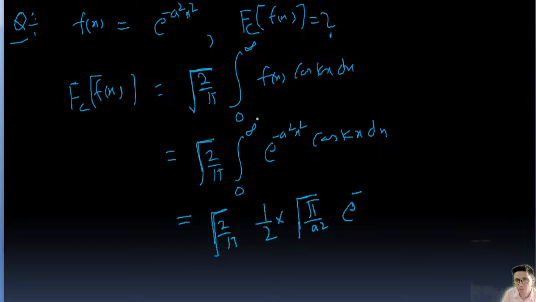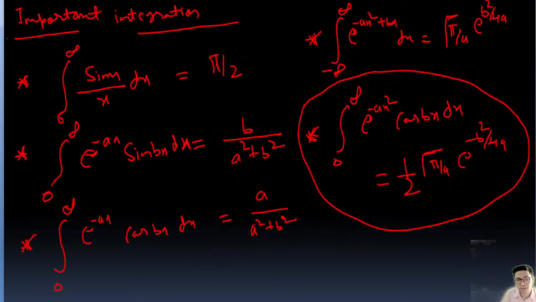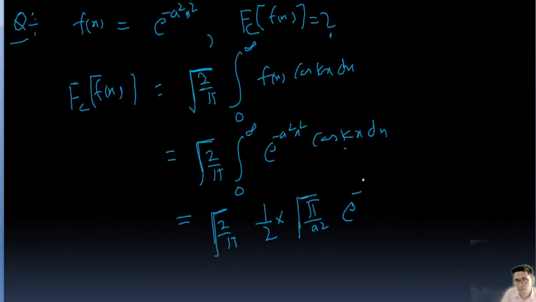Here this is k square, this is b, so minus k square upon 4a. Now very soon we can easily solve it.